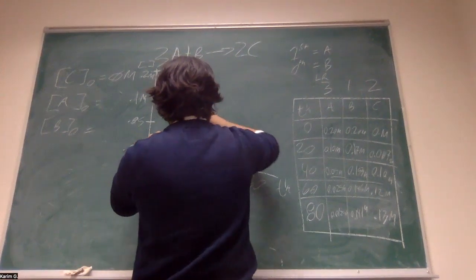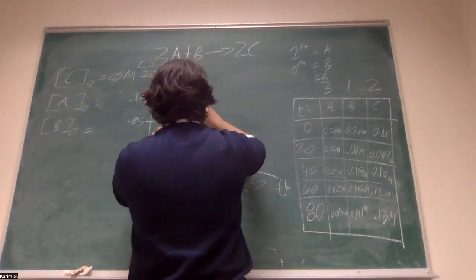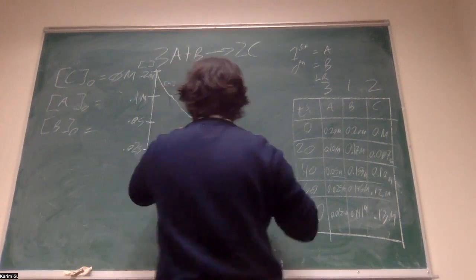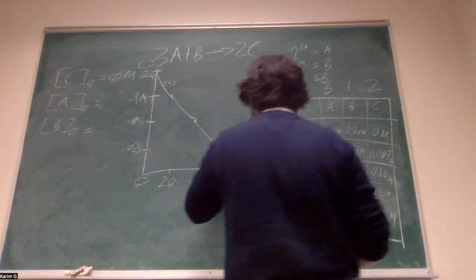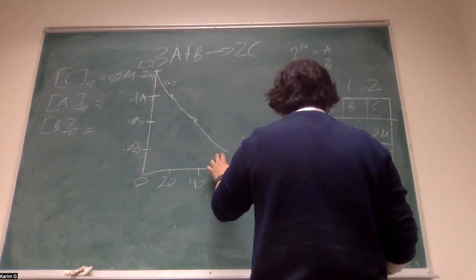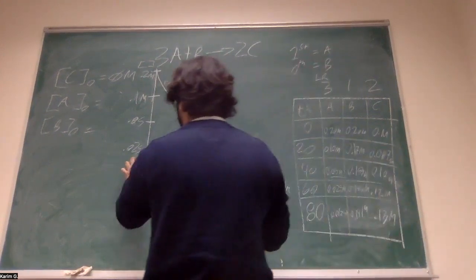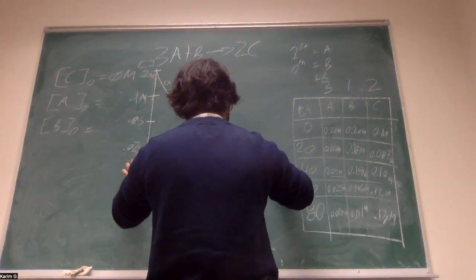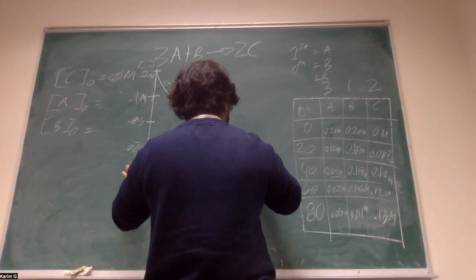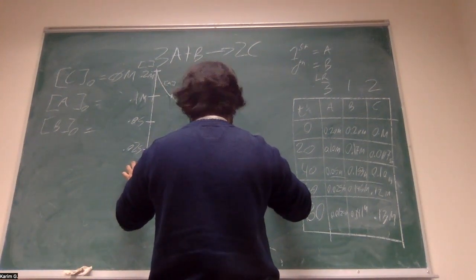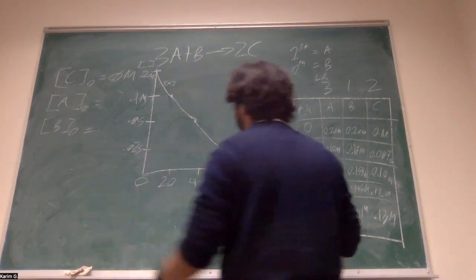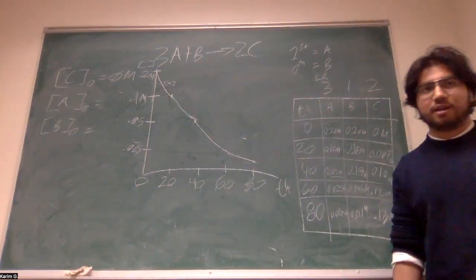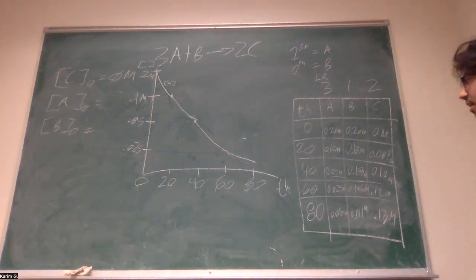That was getting pretty steep. Okay, and then finally 0.012, which is half of this. Right, that's for A.